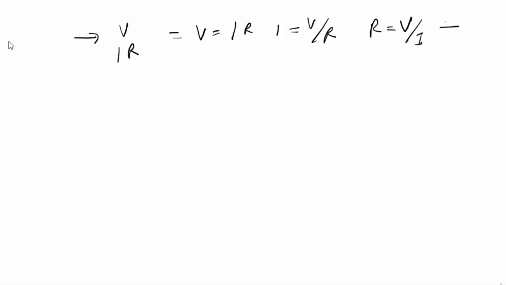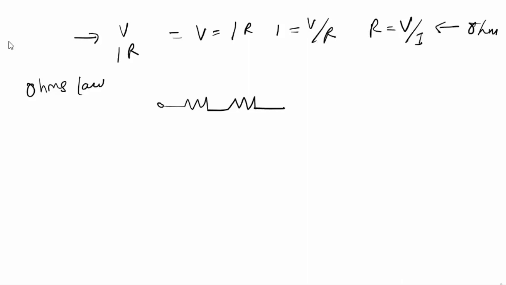So the first thing which I want to say is about Ohm's law, which we saw: V is equal to IR, or I is equal to V divided by R, or R is equal to V by I. So this was Ohm's law, and the unit of resistance is ohm. After that, it's possible to connect many resistances in series.